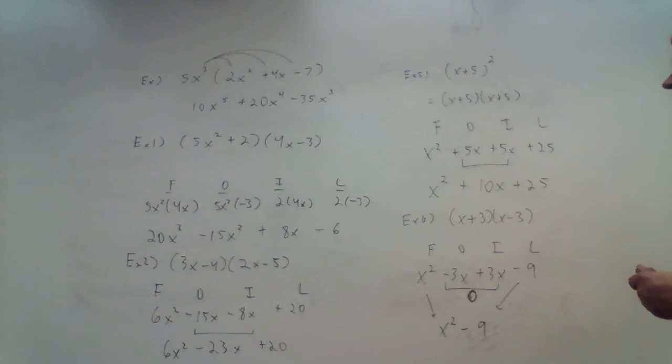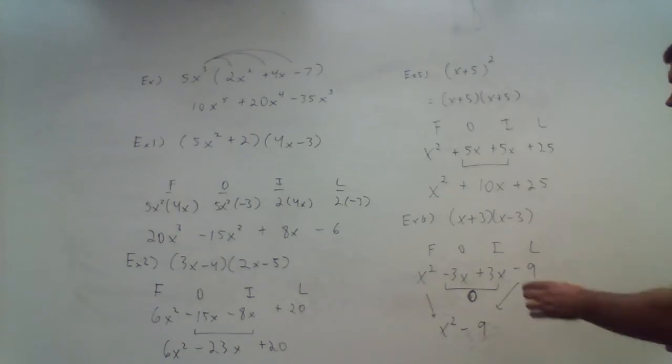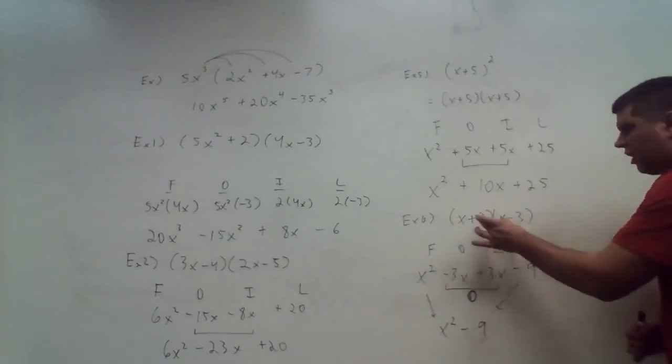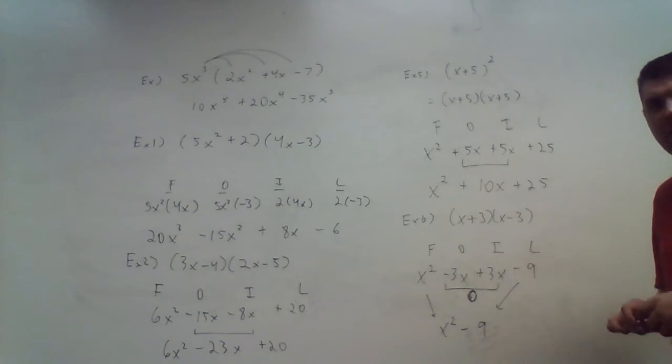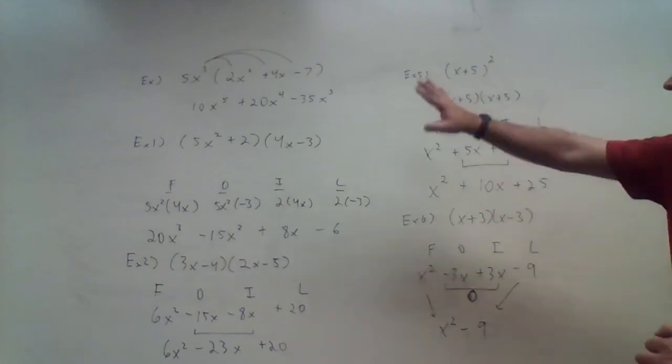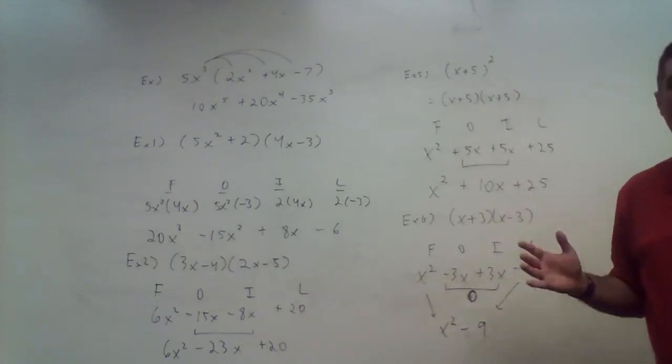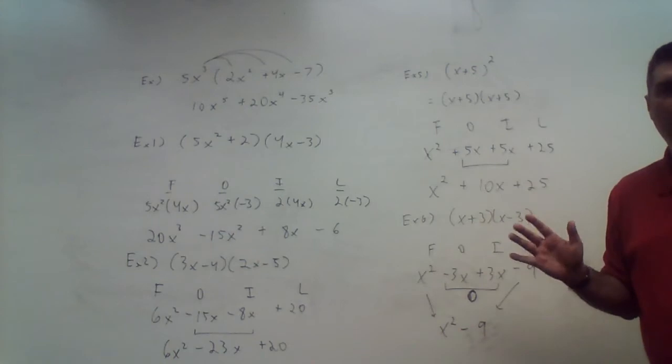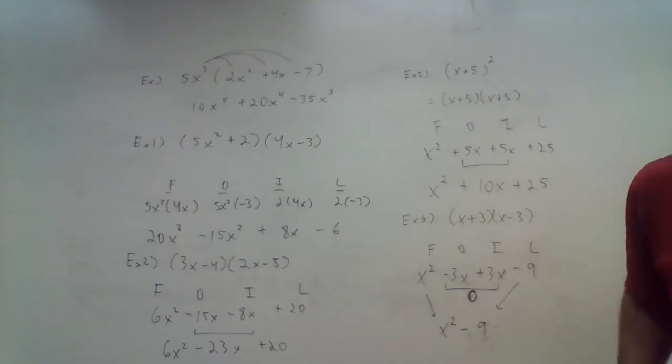Okay, so that is what happens when you multiply binomials. That's 2 terms by 2 terms. So I'm going to get this off the board and start talking about what happens when you've got more than 2 terms at a time.